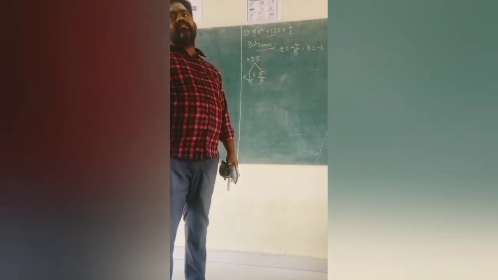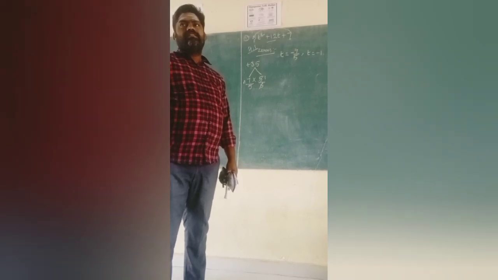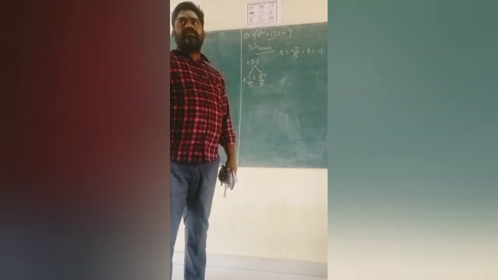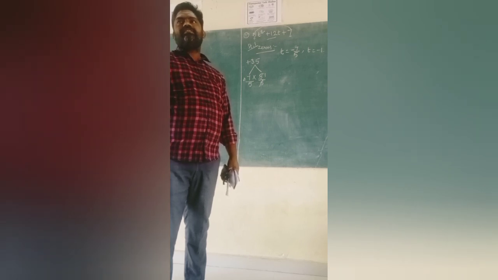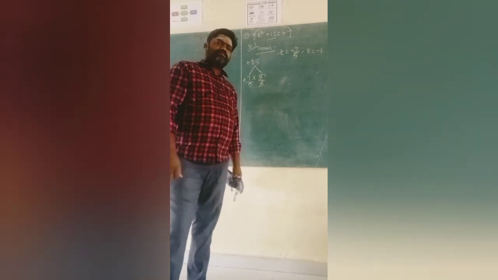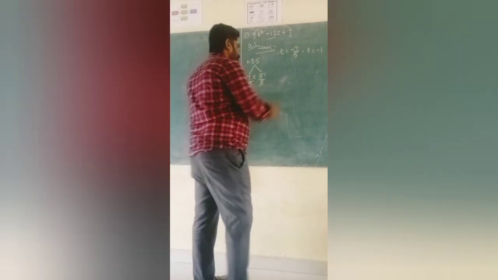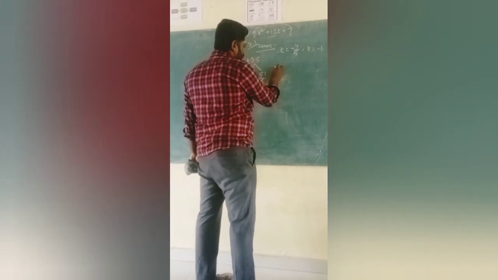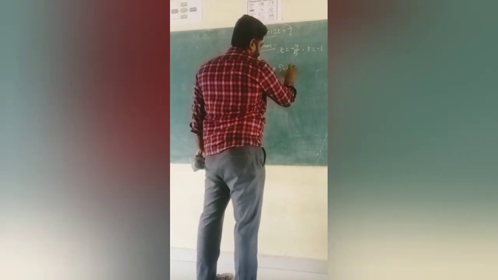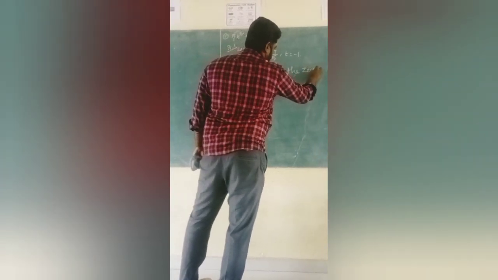Two kinds of zeros: alpha and beta. Sum of zeros, product of zeros. Very good. So the two kinds are the sum of the zeros and the product of the zeros, isn't it?